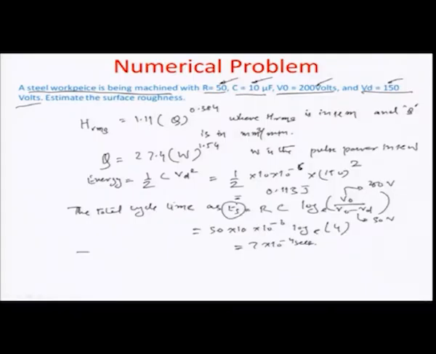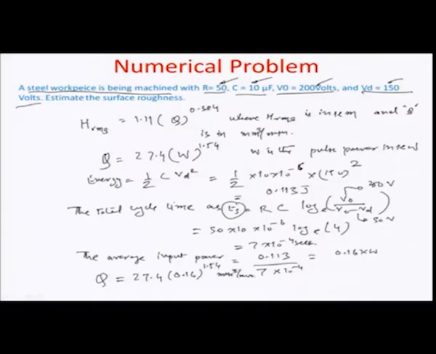The average input power is energy per unit time, which can be represented as 0.113 divided by 7 times 10 to the power of minus 4, that is 0.16 kilowatts. And the material removal rate Q comes out to be 27.4 times 0.16 to the power of 1.54 mm cube per minute, and this equals 1.633 mm cube per minute.